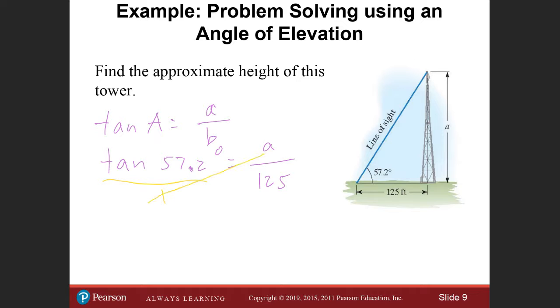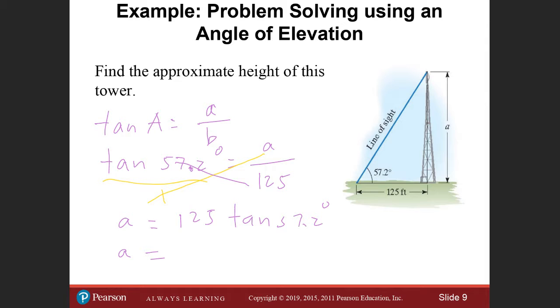Cross multiplying, 1 times A would be A equals 125 times tangent 57.2 degrees. So you just plug this in your calculator to get the value for A. Again, just plug in the values to your calculator, and then you can get your A.